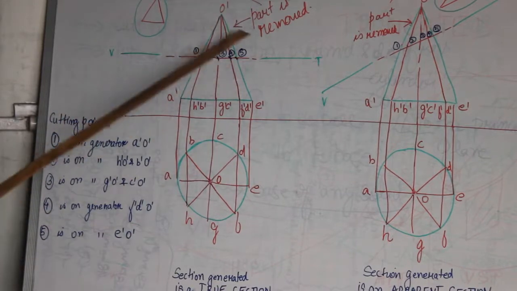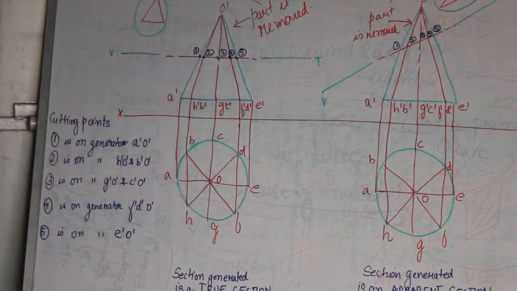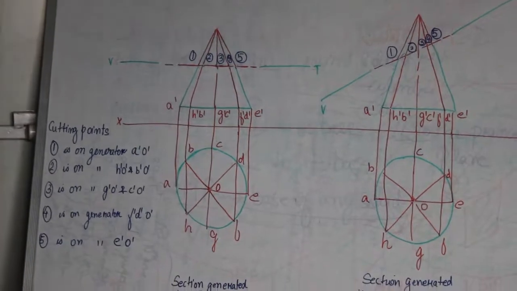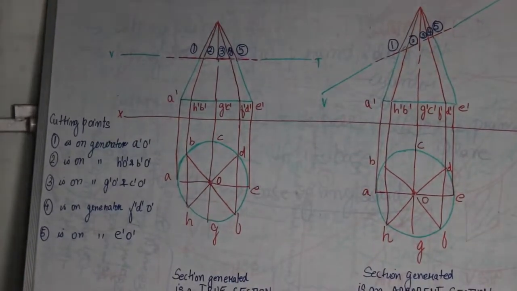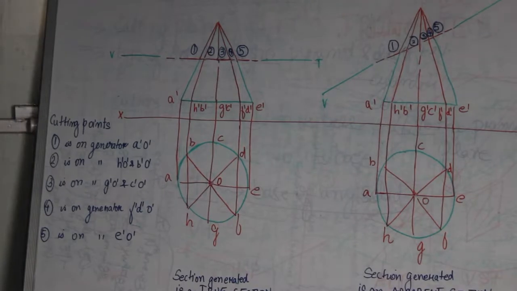Now let's see how the section is generated. As you can see now, these are the cutting points 1, 2, 3, 4, 5. You can clearly study the cutting points and the lines which were dark earlier and were marked by the green pen.